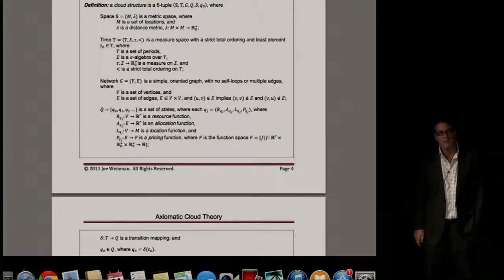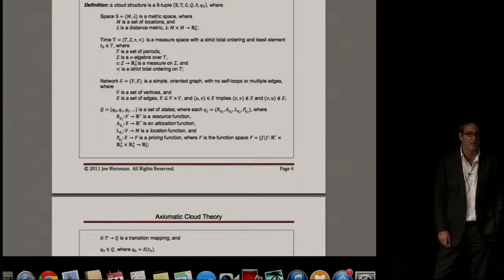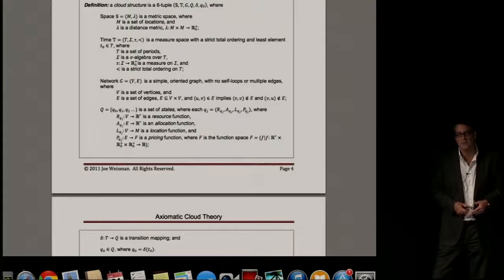For those of you that don't think this analysis is quantitative enough, I also wrote a paper called Axiomatic Cloud Theory that uses metric spaces to characterize geodispersion, measure spaces to model time, and a variety of other things like function spaces to model assorted tariffs, including linear tariffs for pay-per-use.